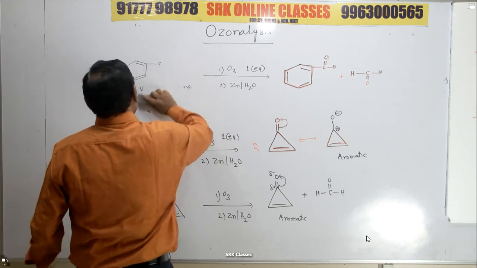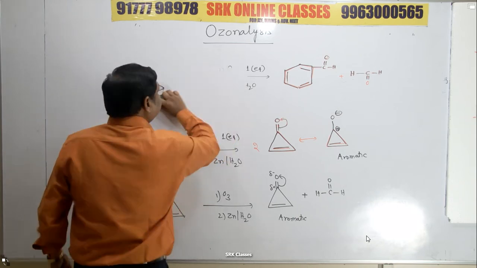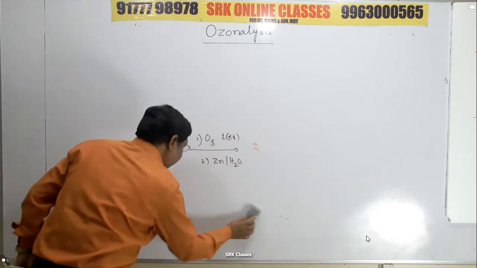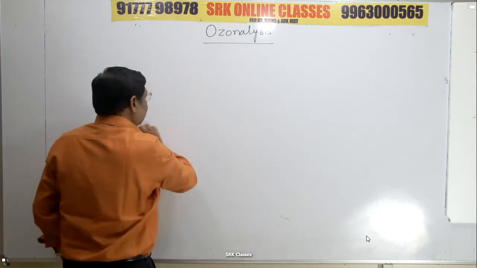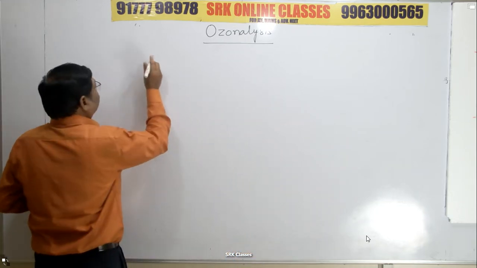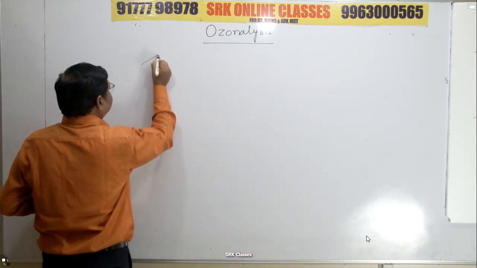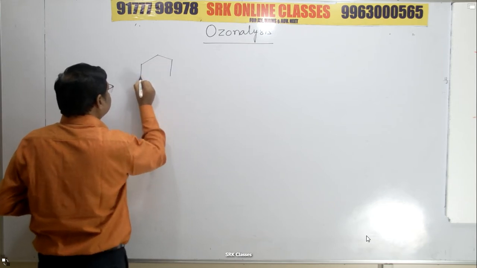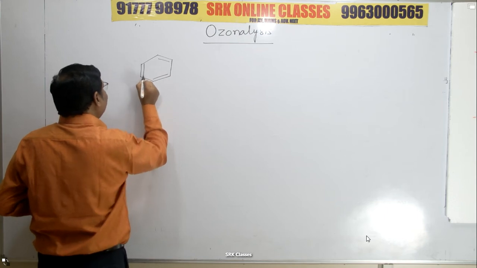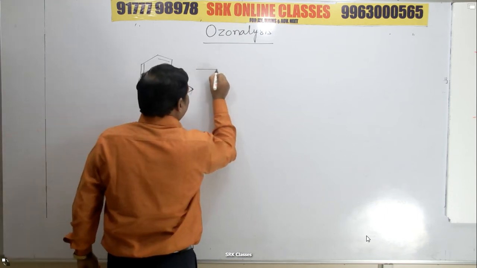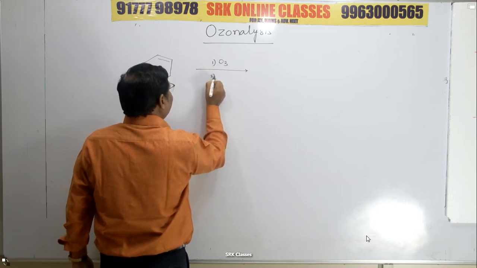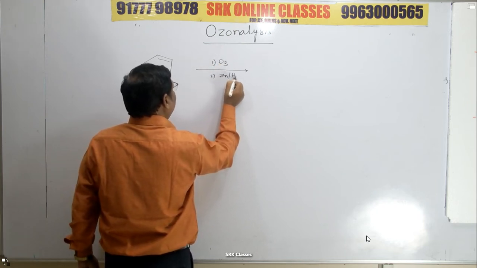Now I am taking one important example, benzene. This is the structure of benzene, which has three double bonds. Ozonolysis: first step is ozone, second is zinc and H2O.